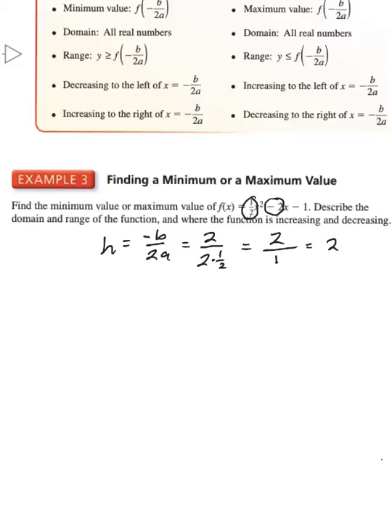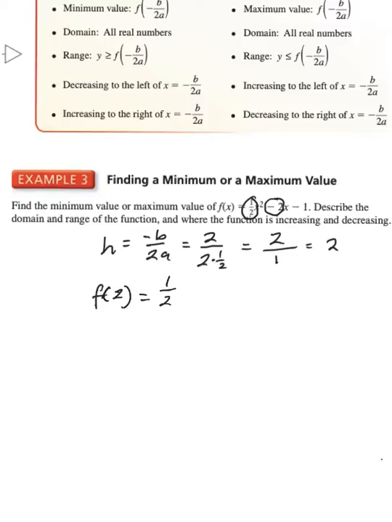So think again. Now, what do I do now that I know the x value of the function? How do I find the y value? Well, if you remember, the next step is always to plug in our x value, 2, into the function.